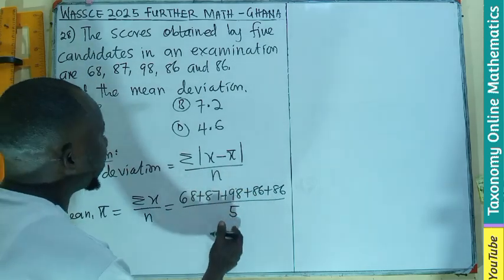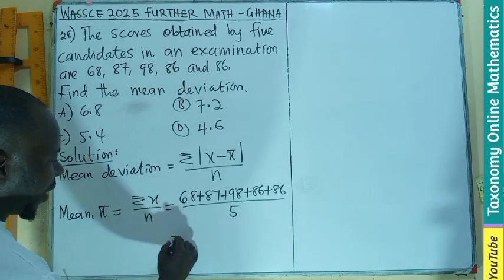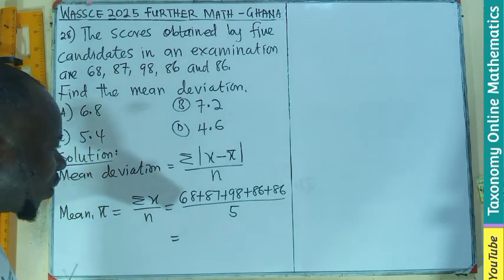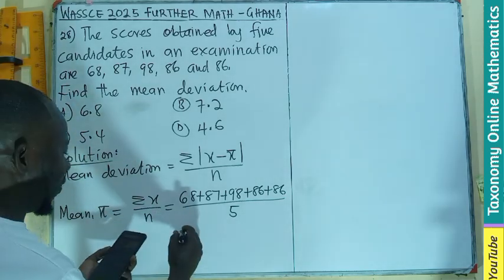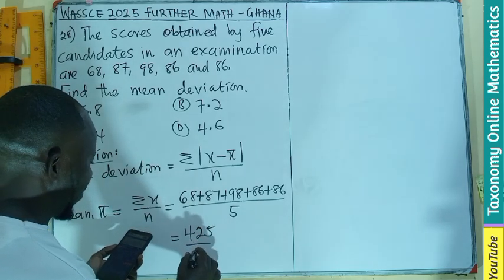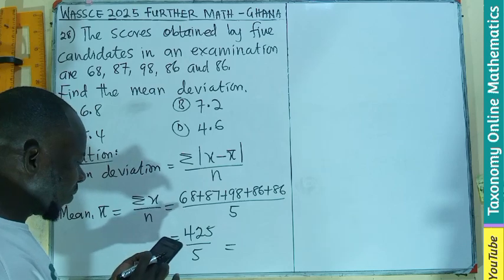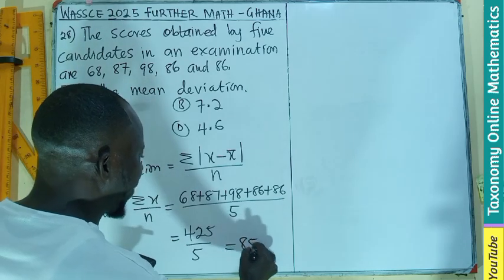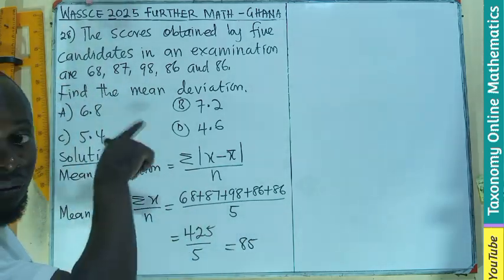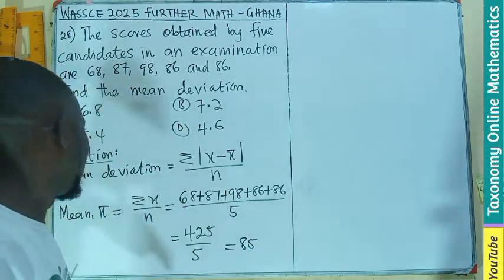There are 5 of them, even given in the question. So your mean is going to be the addition of all of these, which gives 425 divided by 5. That should give us 85. So the mean, or the average of these numbers, is 85.